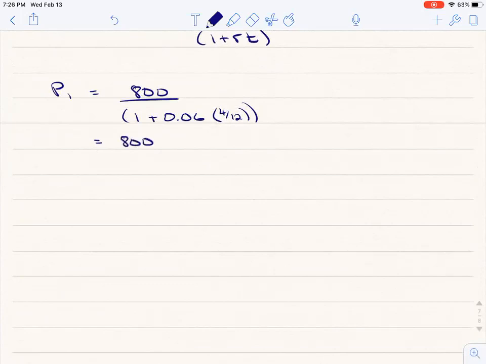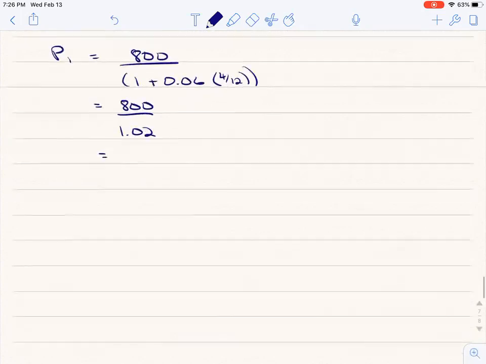Only because I've got them written down here. 800 over 1.02 is 784.31. Use my ready-made answers. Save us a little bit of time.